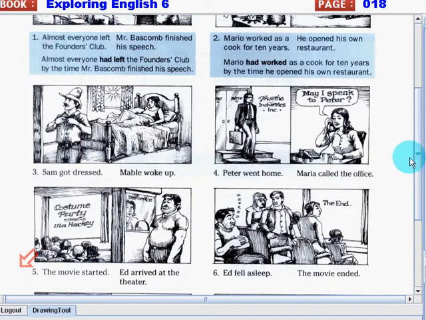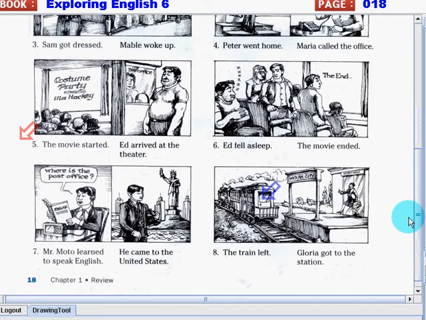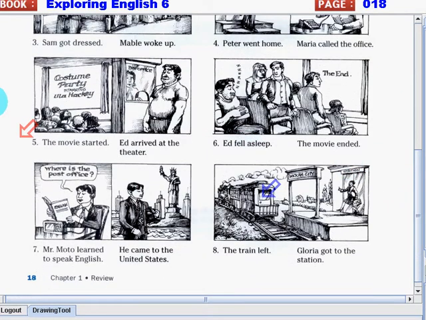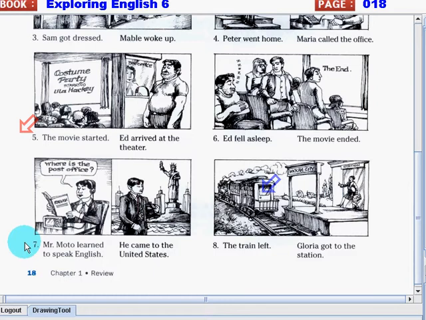The movie started. Ed arrived at the theater. The movie had started by the time Ed arrived at the theater. Ed fell asleep. The movie ended. Ed had fallen asleep by the time the movie ended. Mr. Moto learned to speak English.